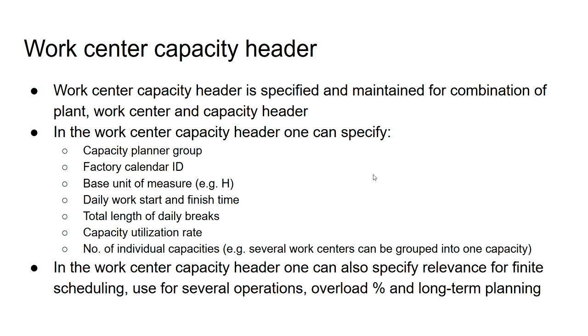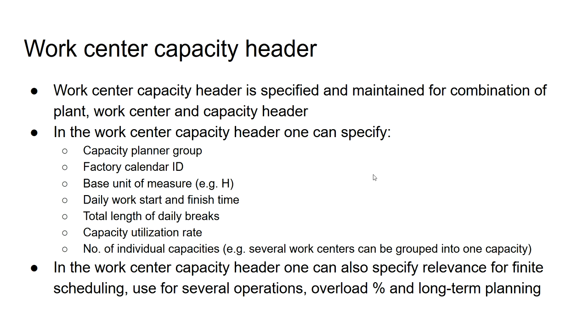In the capacity view, you can open a capacity and this will display the work center capacity header, which represents the capacity. In this header, you can, for example, specify the capacity planner group and factory calendar ID. For the factory calendar ID, there are some default IDs.